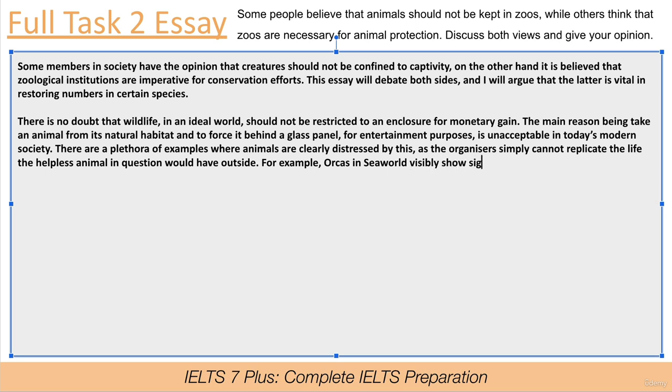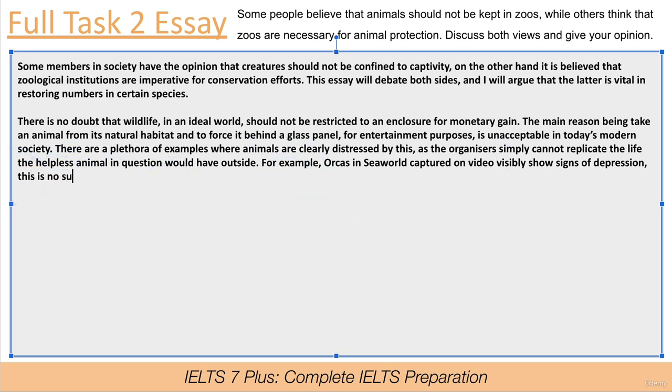visibly show signs of depression. Orcas in SeaWorld captured by maybe drone footage or captured on video visibly show signs of depression.